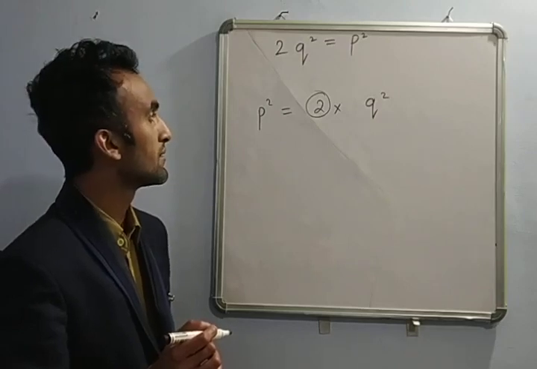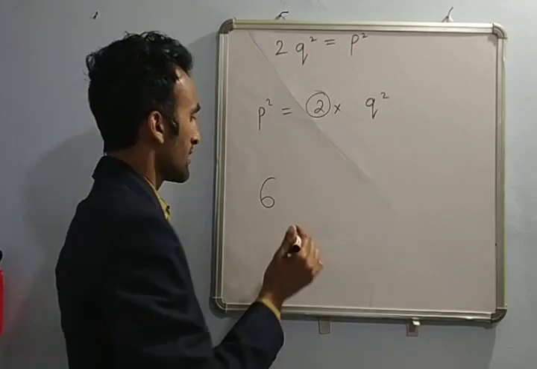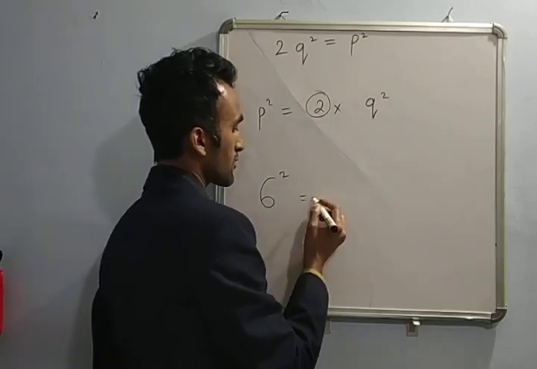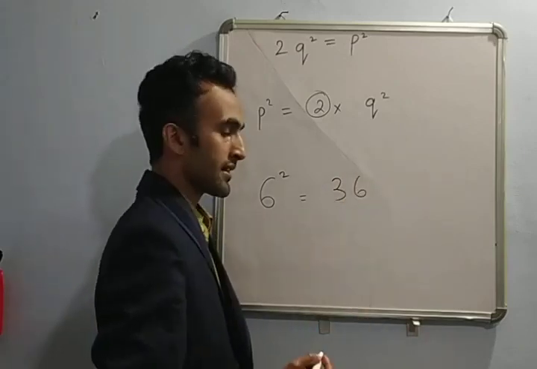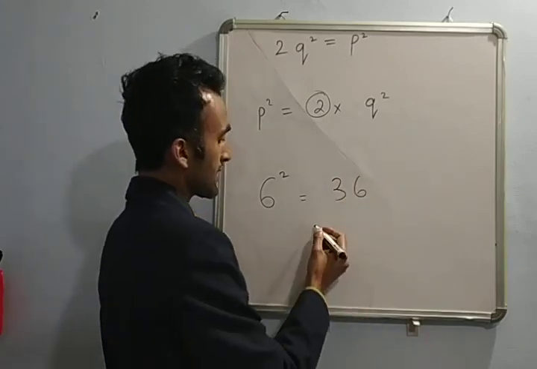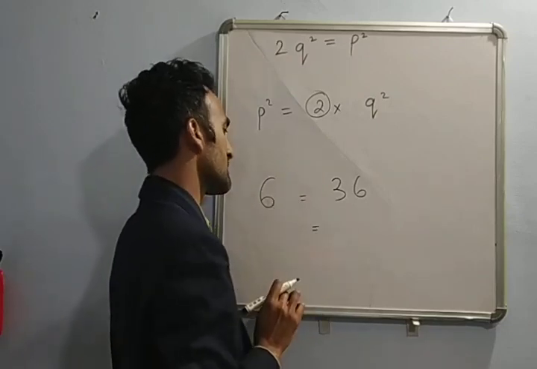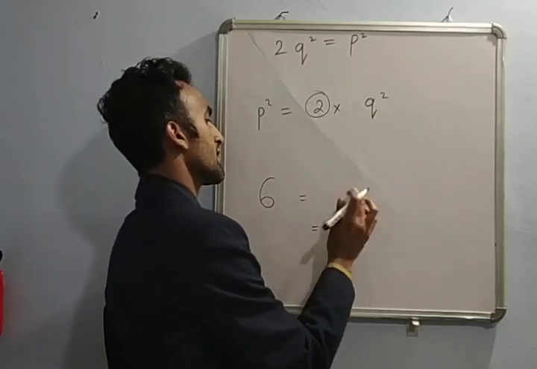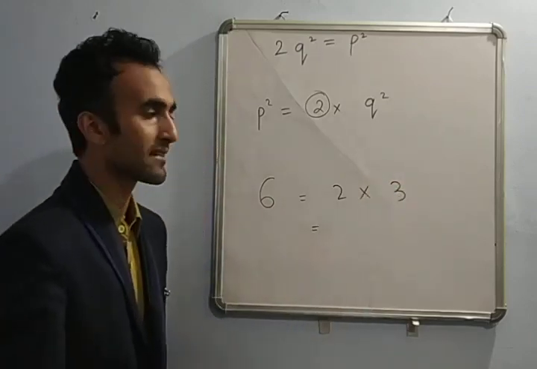Check. Suppose I say 6. 6 square is 36, no? Okay, forget about square first. 6 equals 2 into 3. I can write that.